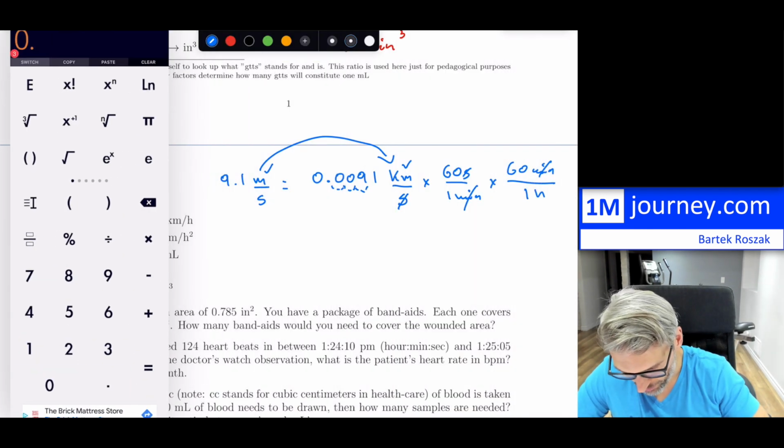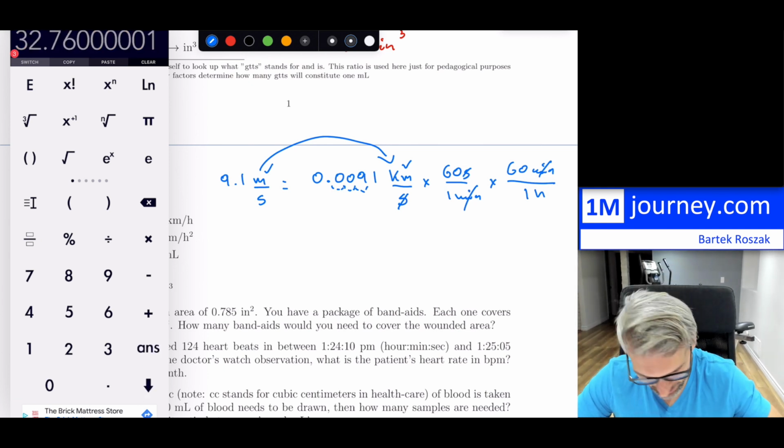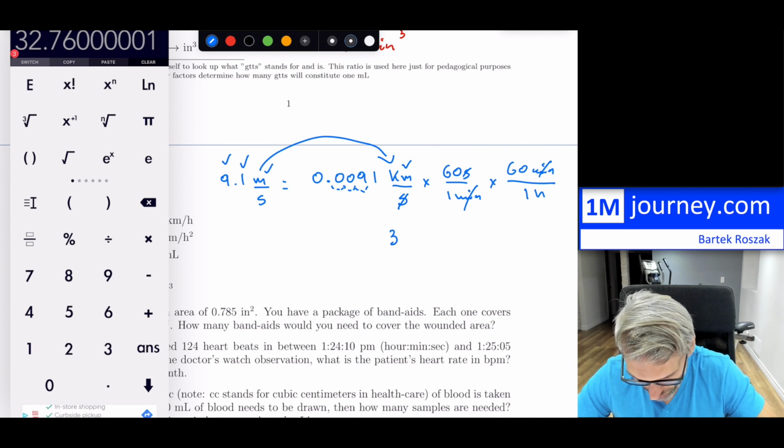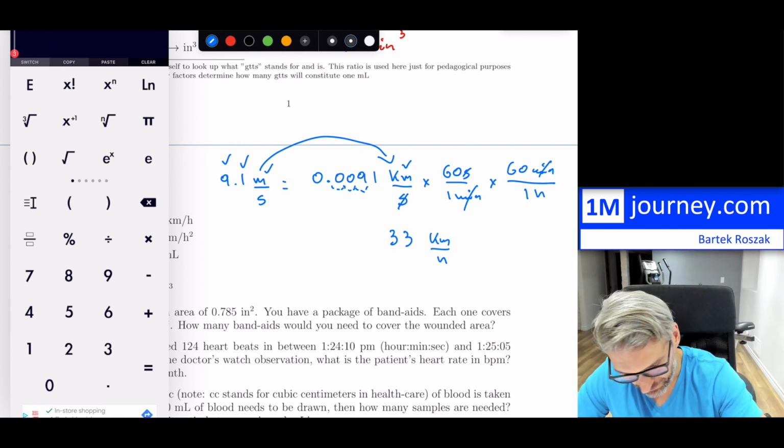So this is going to be 0.0091 multiplied by 60 and multiplied by 60. We don't need to divide by 1 because that won't change anything. And notice 2 significant figures here. So this will be 33, rounded. And that would have been kilometers per hour. All right, so that's how you can do that. Okay, so there you have it.